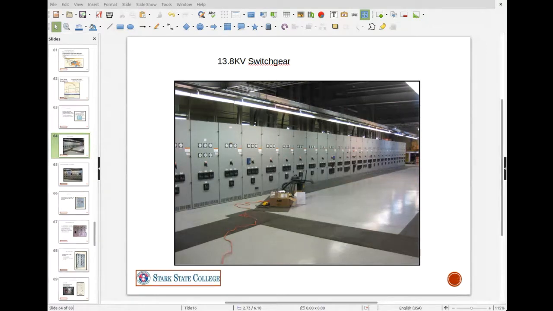All right, so I was looking. I did have a video showing one of these high voltage circuit breakers for a transmission line going down, but I can't seem to locate it at the moment.